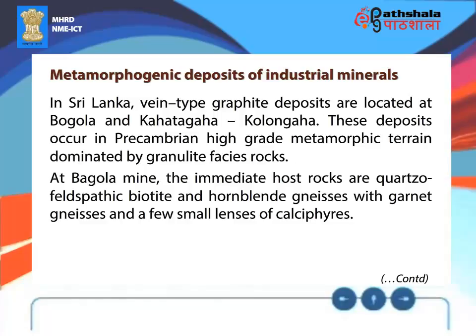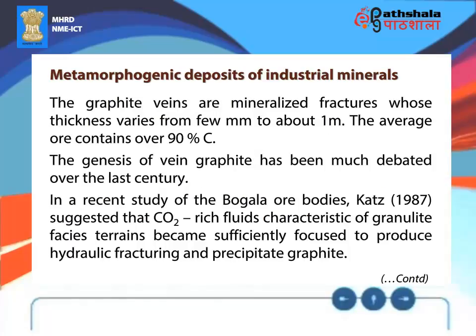At Bogala mine, the immediate host rocks are quartzo-feldspathic biotite and hornblende gneiss with garnet gneiss and a few small lenses of calc-silicate. The graphite veins are mineralized fractures whose thickness varies from a few millimeters to about 1 meter. The average ore contains over 90% carbon.